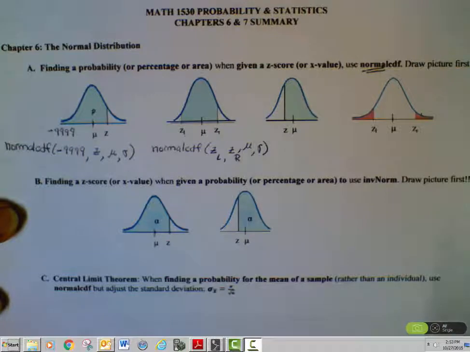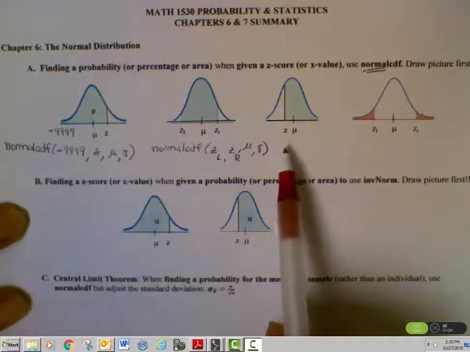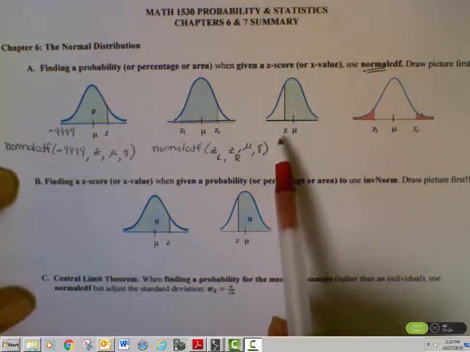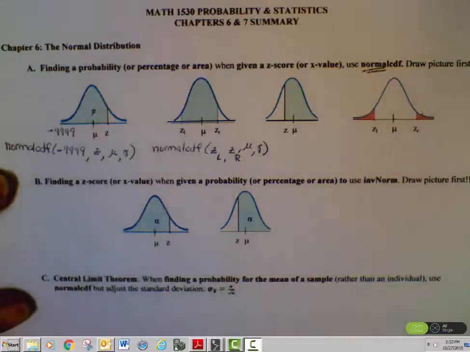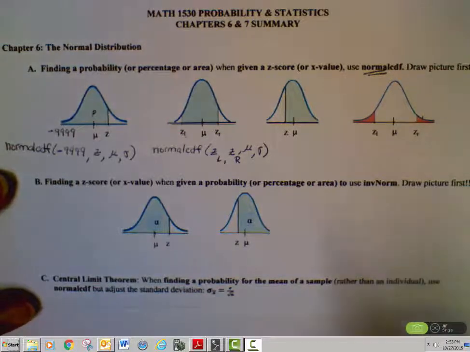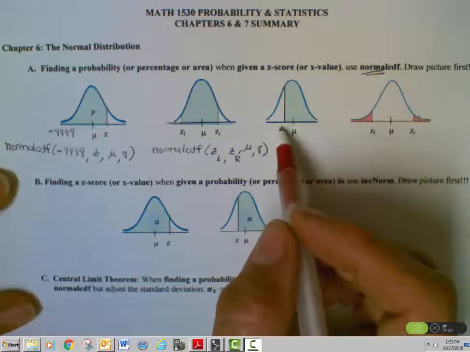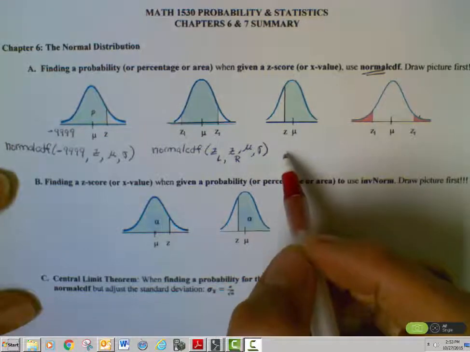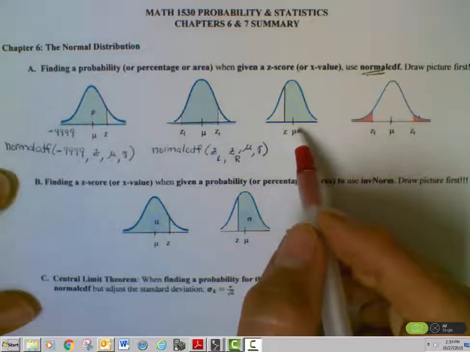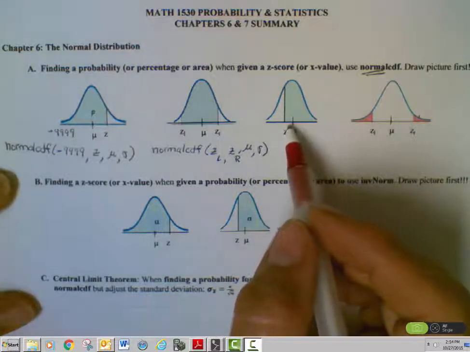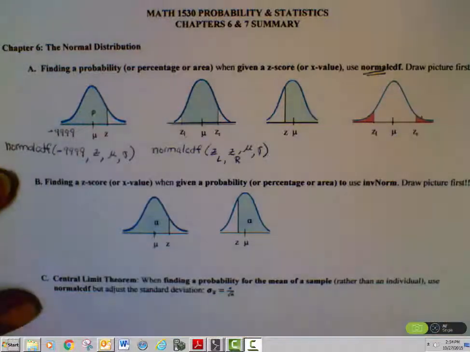Or I could be asked a question like, what is the probability that a man weighed more than 200 pounds? I'm just picking on men because they make a good example here. I would draw my normal distribution with the mean in the middle. I would put 200 pounds wherever it goes in relation to the mean, and then weighs more than 200 pounds means I'd shade forever to the right.